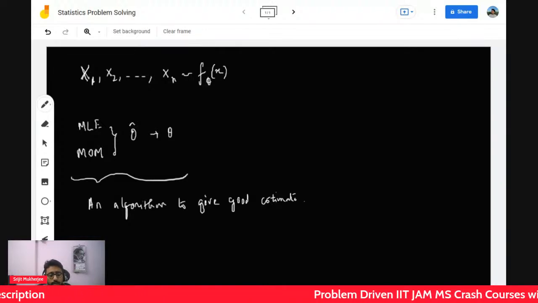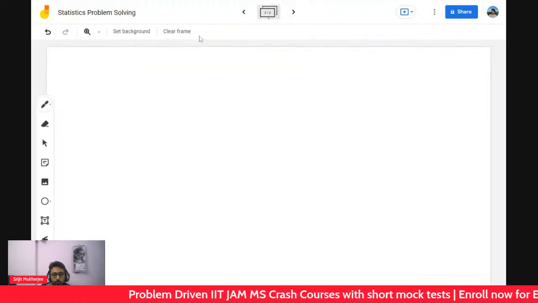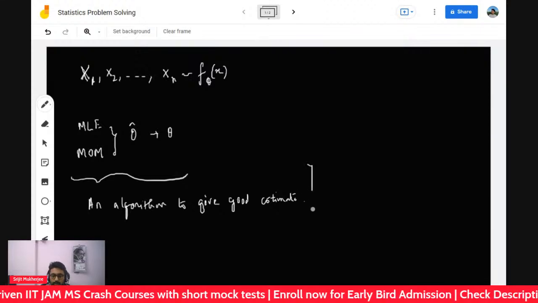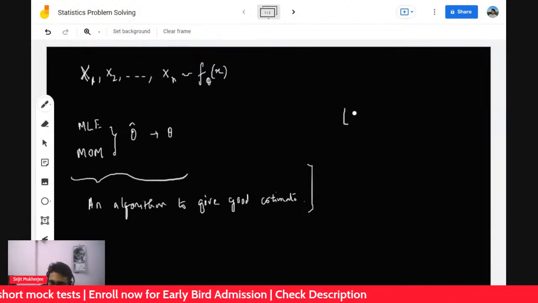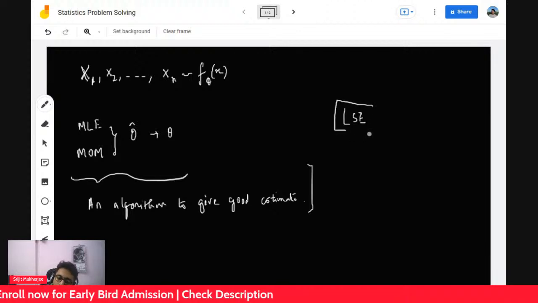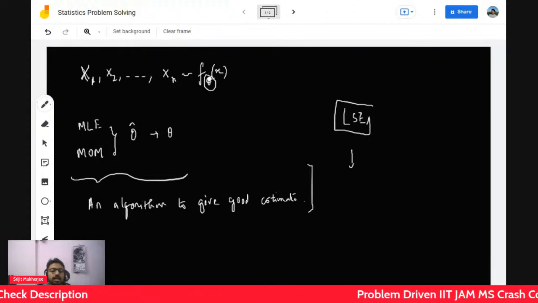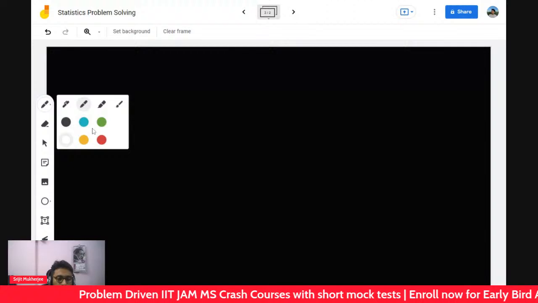Anyways, coming back to the theory. Now we are doing a very special case. Essentially the idea is to give an estimate of the parameters. So least square estimate is nothing but an algorithm to give an estimate of certain parameters in certain cases. This theta will just change, but the algorithm will remain the same.